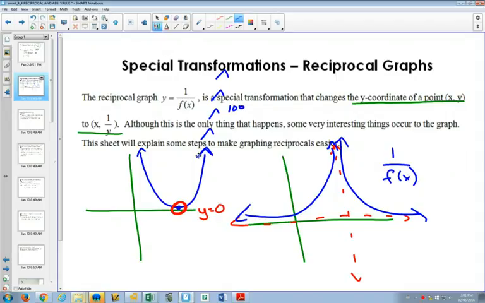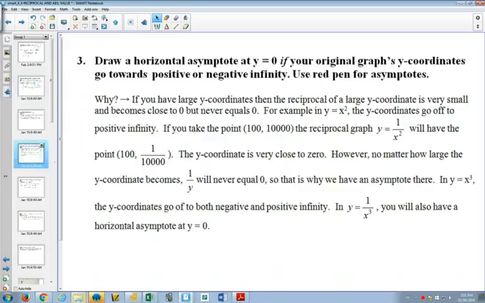So on this graph, your y value at that point would be 1 over 100. But if it keeps getting bigger and bigger, you keep getting a fraction of 1 over a bigger and bigger number, and that gets closer and closer to 0.